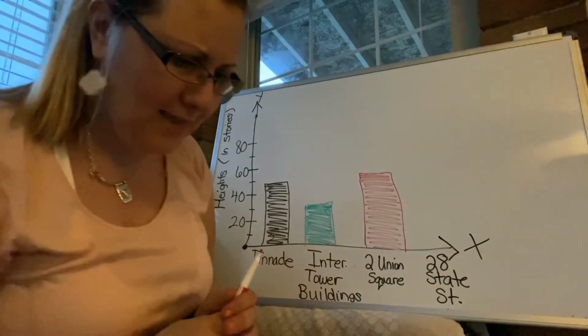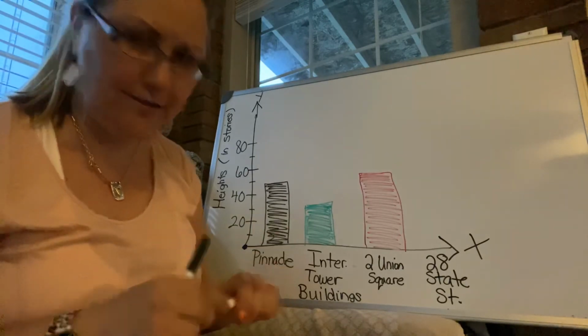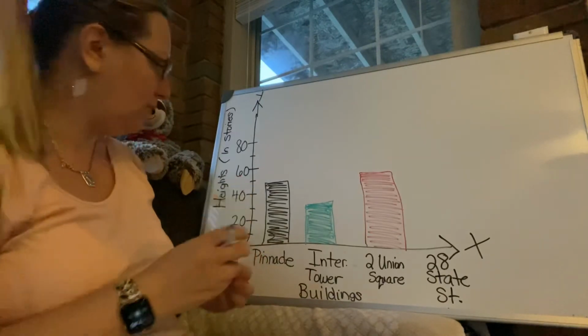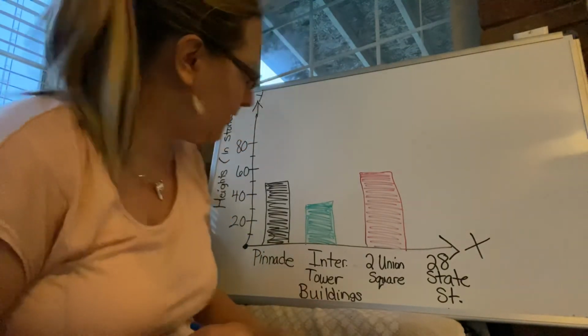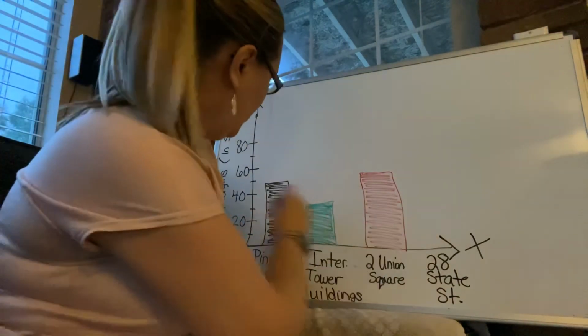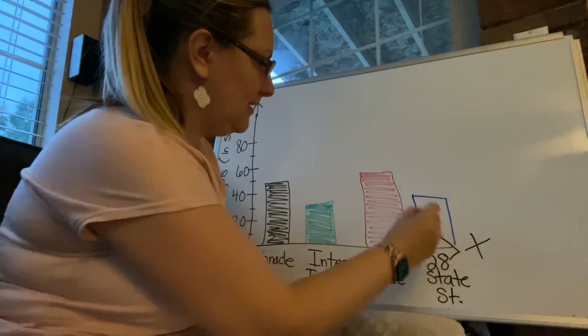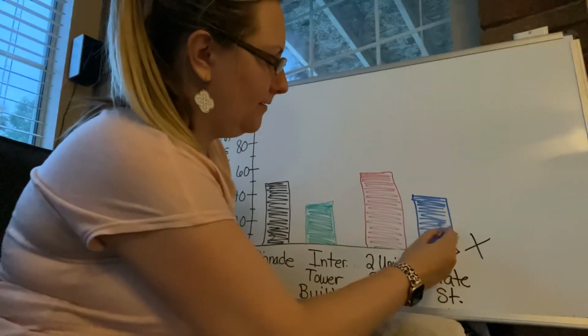Okay. And lastly, we'll switch back to black since I don't have any other, oh wait, I do have blue. 28 State Street is 40 stories tall. So I'm going to try to go 40 and draw this here. I got a little bit close to my arrow there.